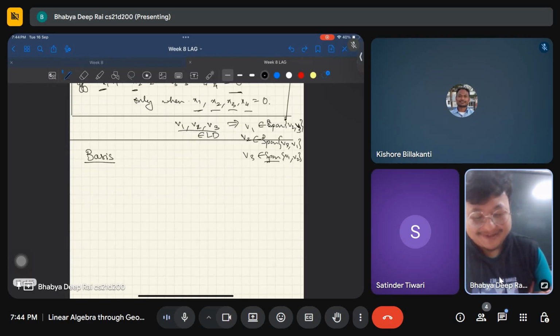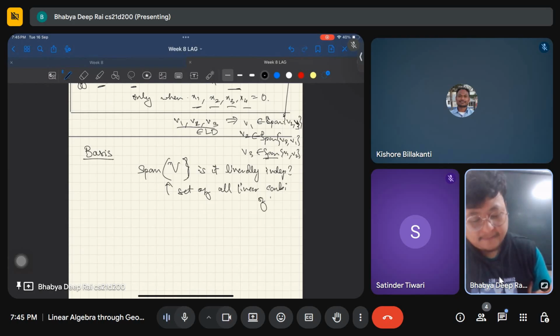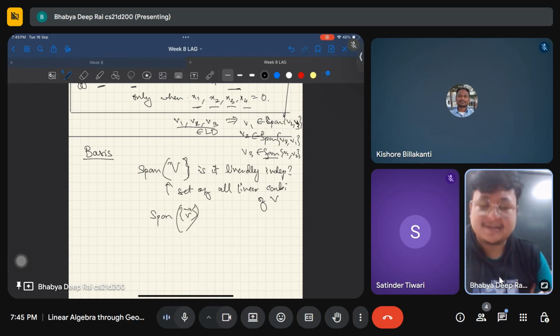Okay, good question. So you mean take a span of a set of vectors, and is it linearly independent? That cannot happen, because span is the set of all linear combinations of vectors in V. Let's take the simplest case: the span of a single vector V. Okay, let's say this is my set.